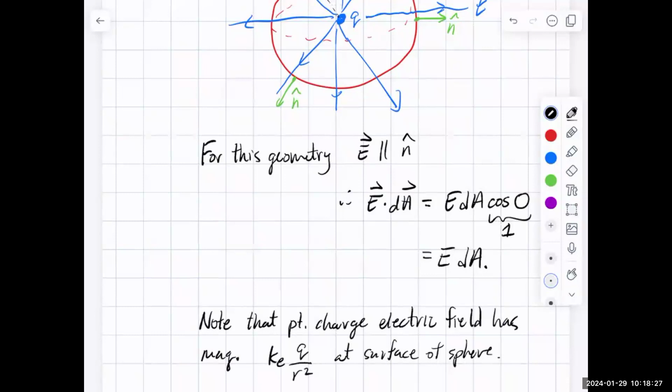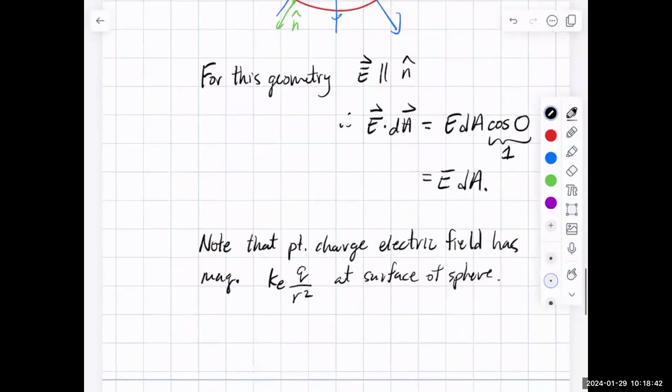Because that distance R is the same between the point charge and any point on the surface of the sphere, this magnitude doesn't change as I move around different locations on my surface.